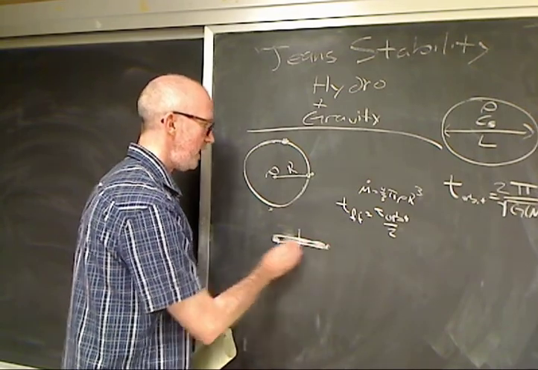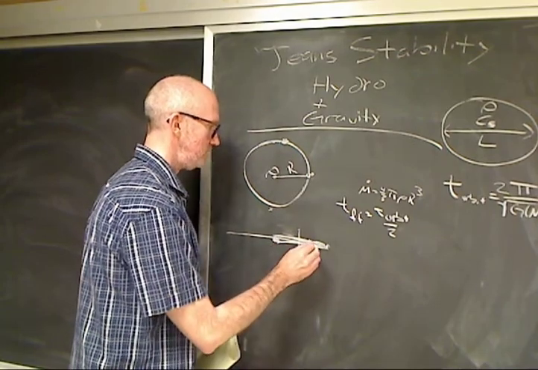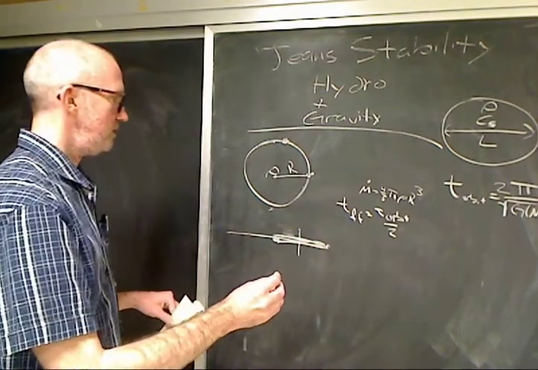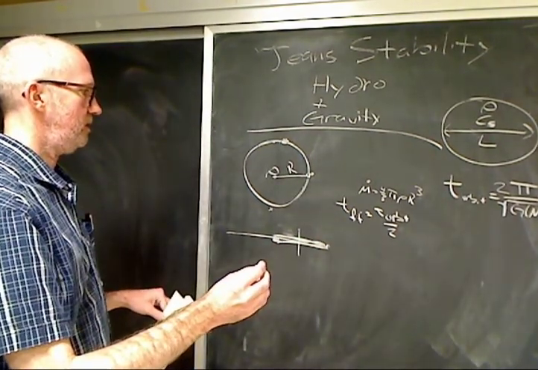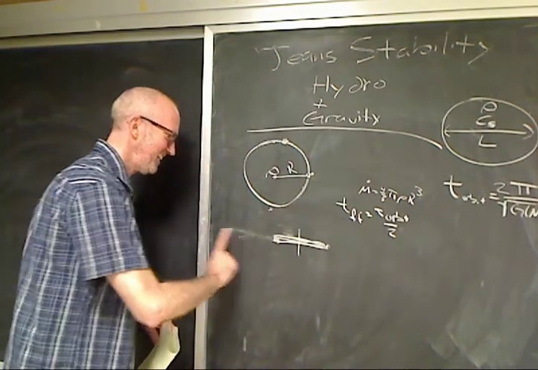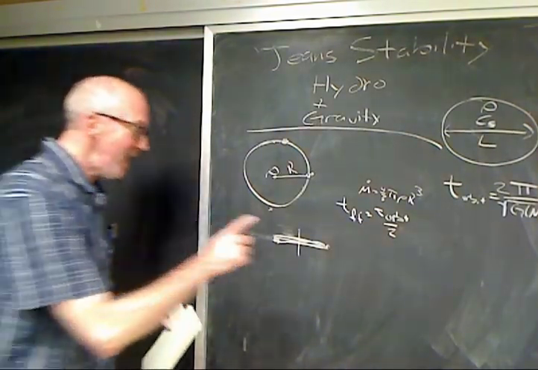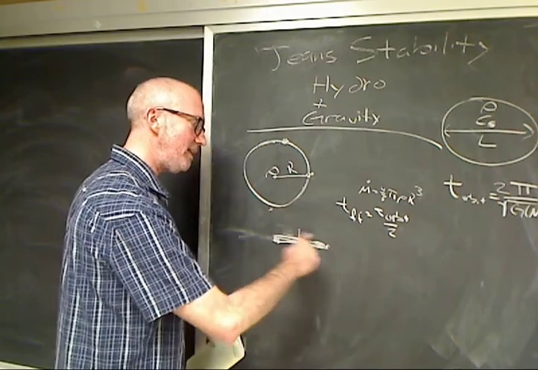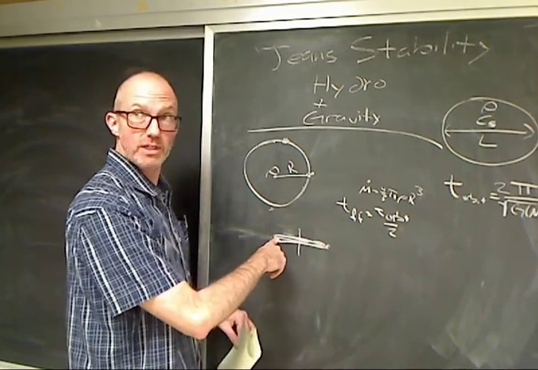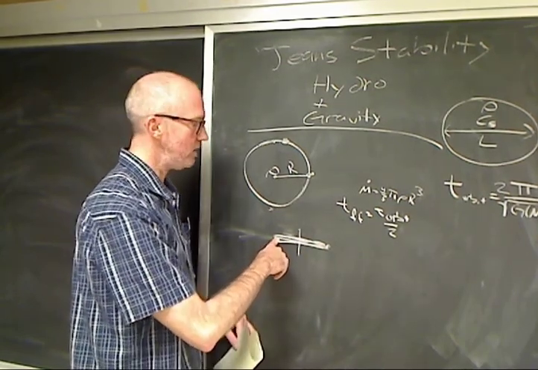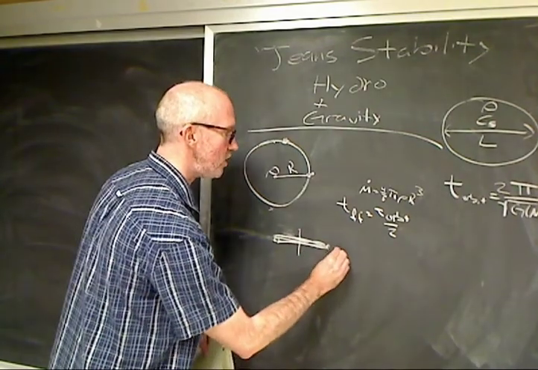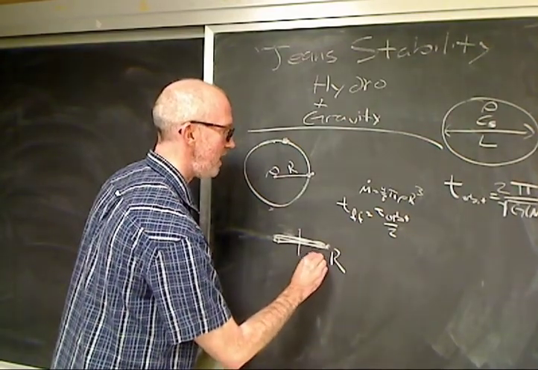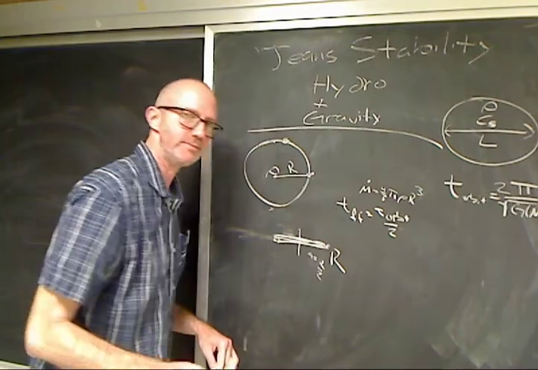Sorry, brain farting. A is the semi-major axis. So this is my ellipse. My planet is at one focus, at one end of the ellipse. So my semi-major axis, if I start off at R, my semi-major axis, A, is R over 2.